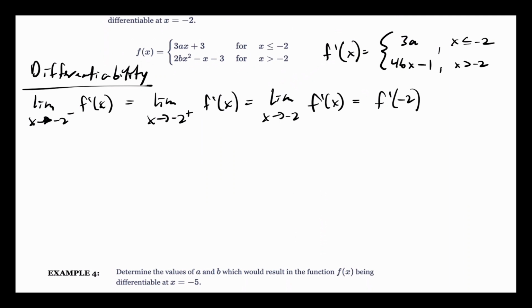What do you get? So when I plug in -2 from the left for the derivative, what do I get? 3a. Yeah, I don't get -6. I do not get -6 because I don't plug in -2 for a. So I get 3a.